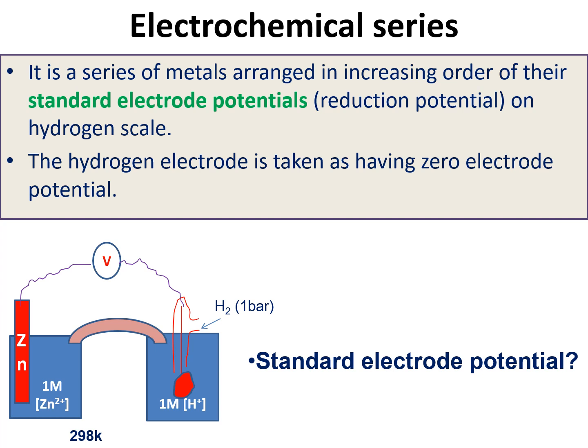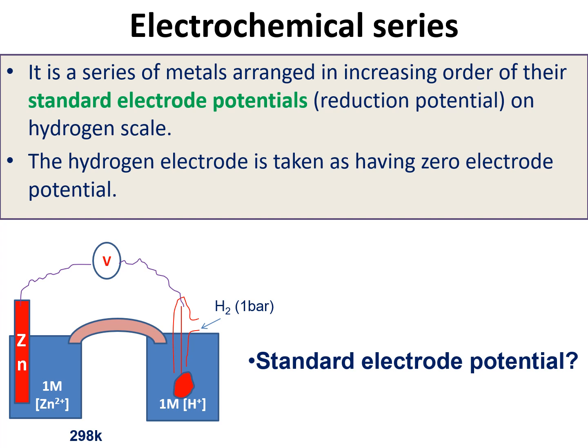Once we construct an electrochemical cell with the help of SHE, we can measure all the metals' electrode potential values at standard conditions. Then it will give the standard electrode potential. Standard electrode potential is when a metal is dipped into a 1 molar concentration of its solution and the temperature is maintained at 298 Kelvin, that means room temperature.